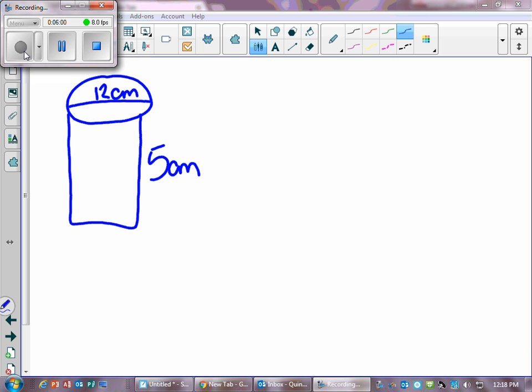So my formula is volume equals area of the base times height. Hey, come on, remember, area of the base times height. If you keep saying that, it'll start to make sense of what you're doing. Because we're going to be using formulas from here on out, and you have to read them and say them correctly so you know what it's talking about. So volume equals area of the base times height.